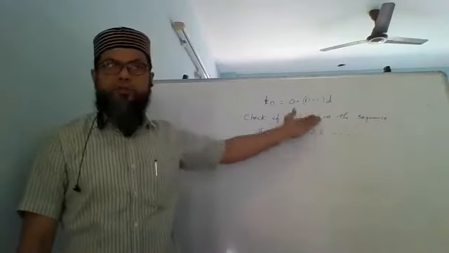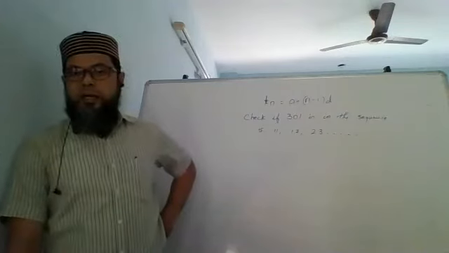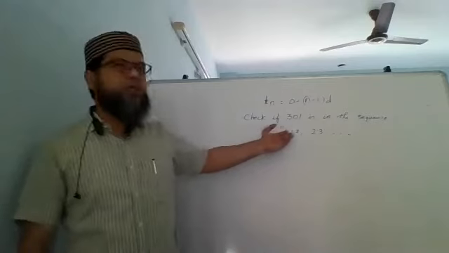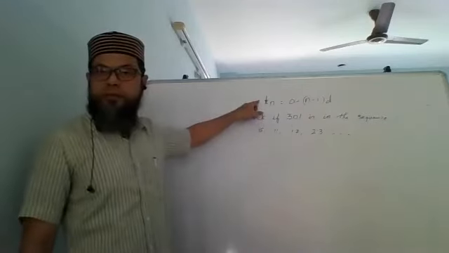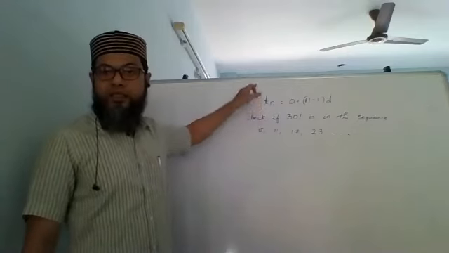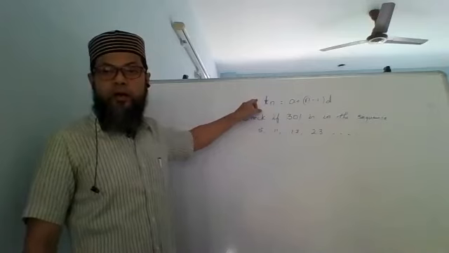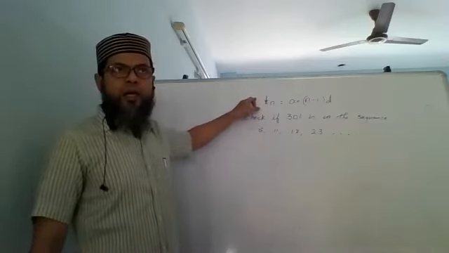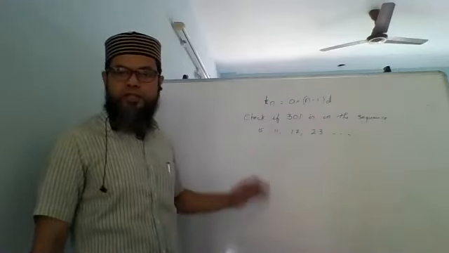Are you going to find out the next term, then the next term, then the next term? Are you going to keep on doing that? That's going to be difficult. First of all, we'll check whether this sequence is an AP or not. If it is an AP, then I can use this formula. Understand, this formula works only for an AP, not for all sequences. So the first step is to check whether it is an AP or not. If it is an AP, then we solve this.